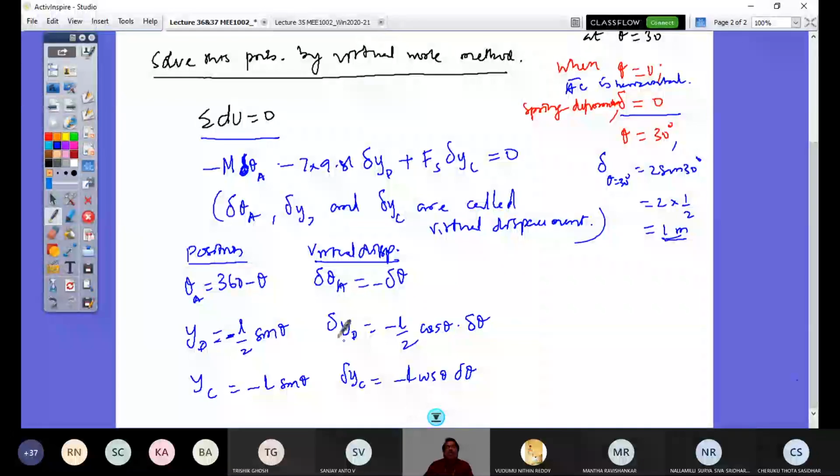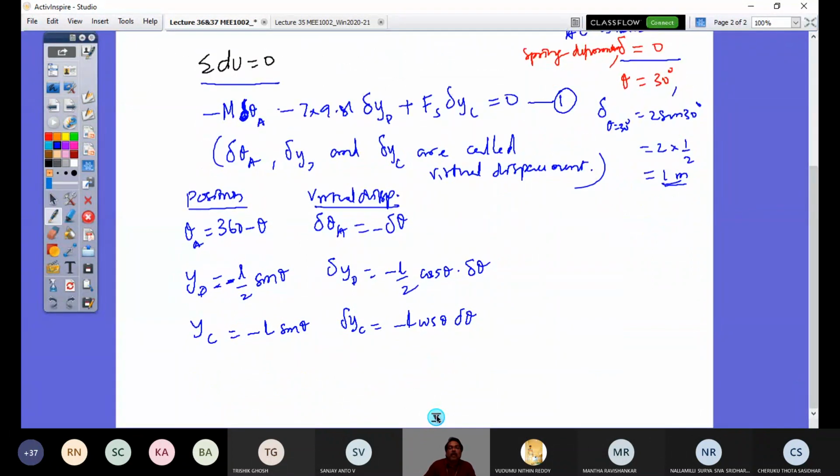So what will I get if I substitute that? I have here M given by 50 Newton meters, so minus 50 into delta theta A. So delta theta A is minus delta theta, and minus 7 into 9.81 into delta YD, that's minus L is 2, so 2 by 2 cos theta delta theta, and plus Fs.